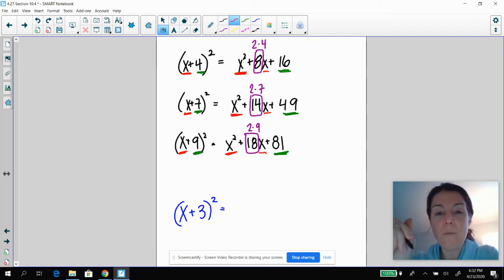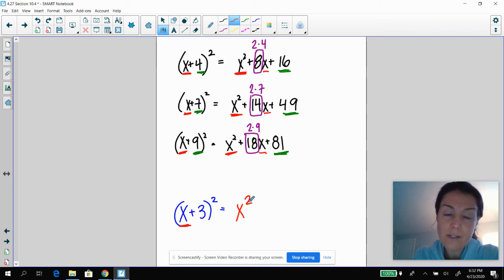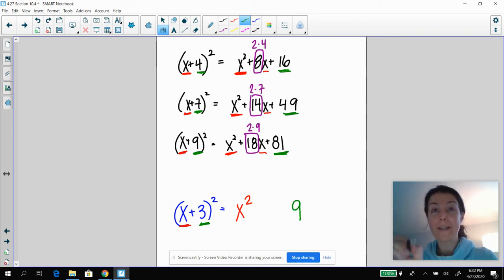So if we look at this bottom one, x plus 3 squared, and go through the perfect square trinomial pattern, watch. I take my first term and I square it. I take my second term and I square it again. So that's 2 out of 3 of our terms.